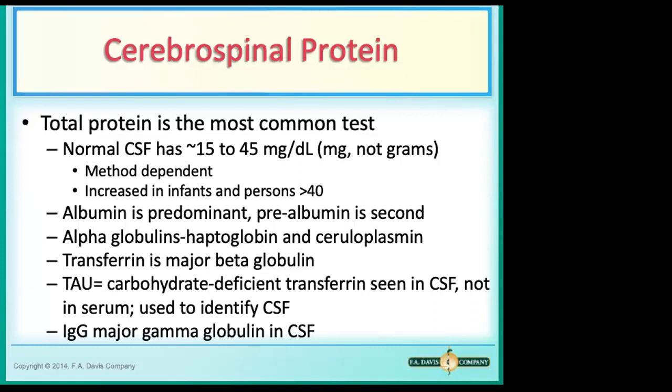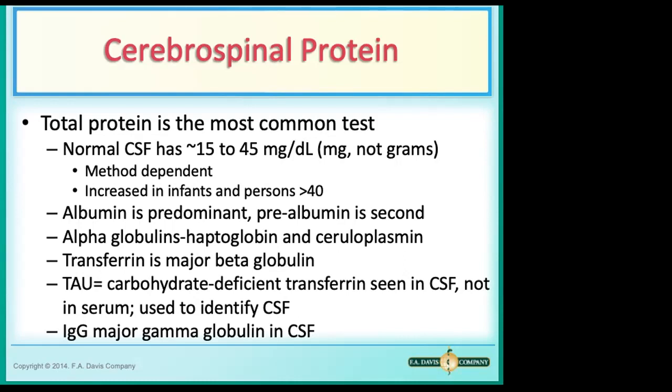All right, so generally the CSF has protein fractions that are similar to those found in the plasma, but the ratio of CSF proteins to serum proteins varies among the different fractions of proteins, because there are different types of proteins. So for example, in the serum, albumin makes up most of the protein, and albumin also makes up most of the CSF protein.